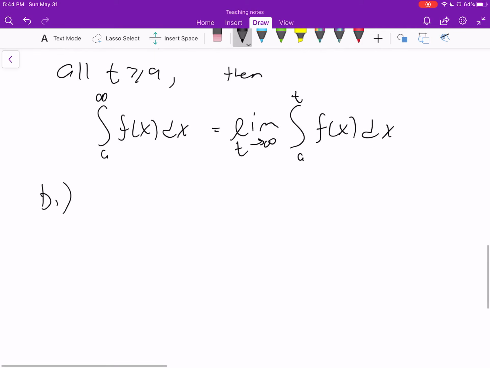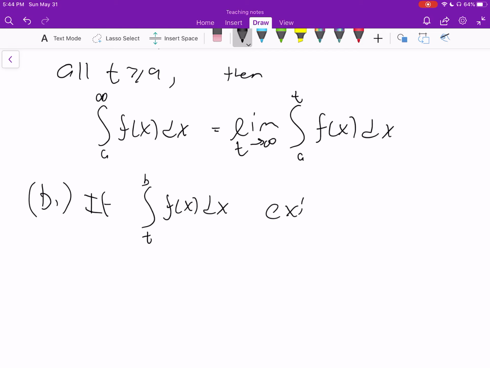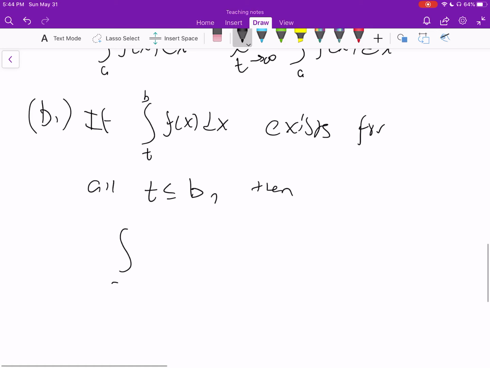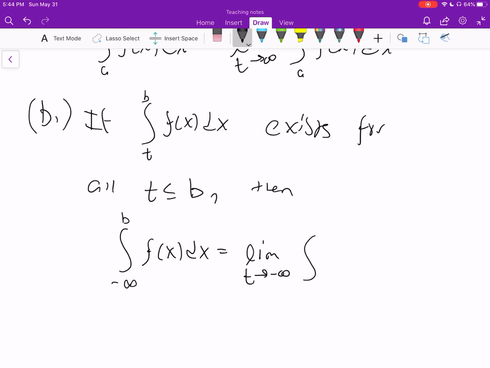Let's go ahead and move on. So we have something similar. If the integral from t to b of f of x dx exists for all t less than or equal to b, so this is the opposite case now, I can pick smaller and smaller numbers, going off to negative infinity, then we can say that the integral from minus infinity to b of f of x dx is equal to the limit as t approaches negative infinity of the integral from t to b of f of x dx.